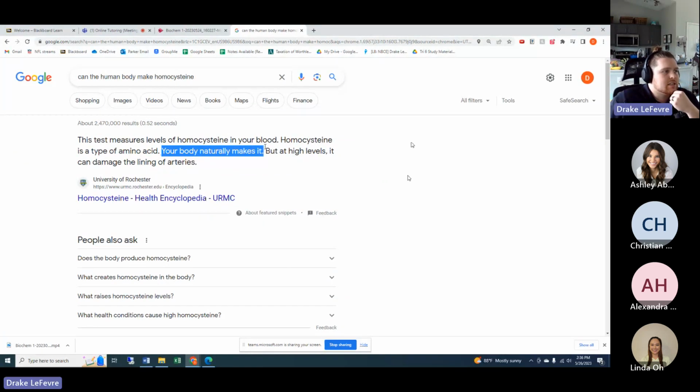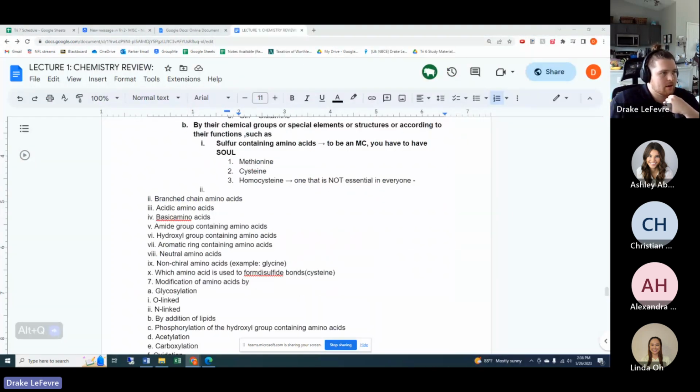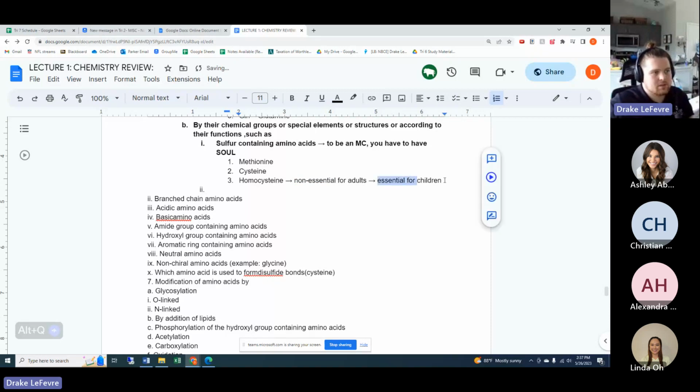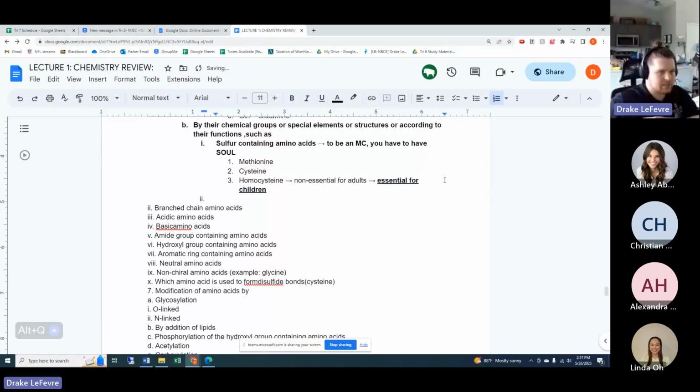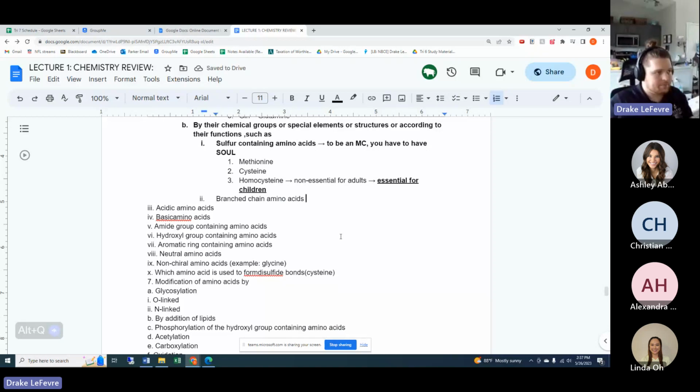Homocysteine is naturally made in adults, but not in children. So it's non-essential for adults, essential for children. That means our body can produce homocysteine by itself as an adult, but children cannot. So a child must consume it in their diet in order to survive and do whatever they need to do.